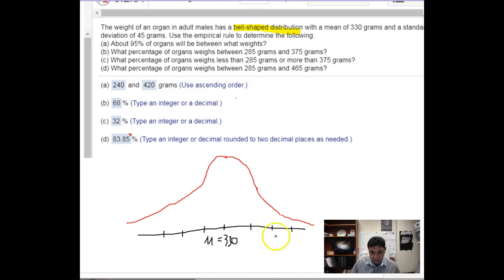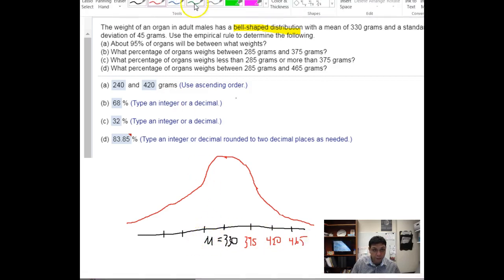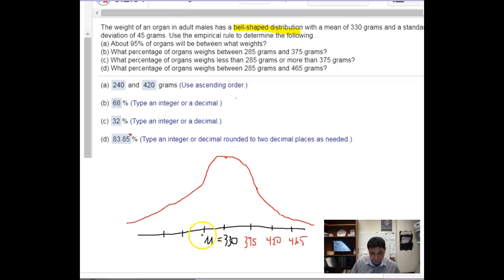One standard deviation above would be 375, then another 45 grams gives 420 and 465. Coming back the other way below, we subtract 45, so this is 285, 240, and 195. So this is the distribution of the weights of these male organs that we're talking about.